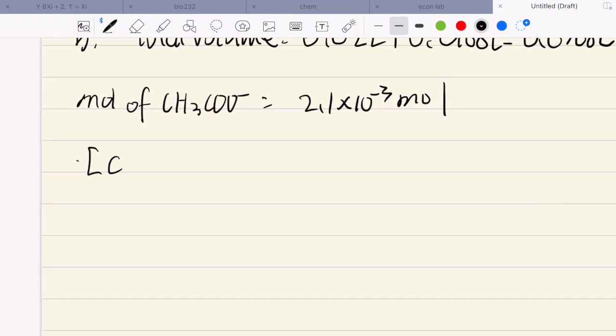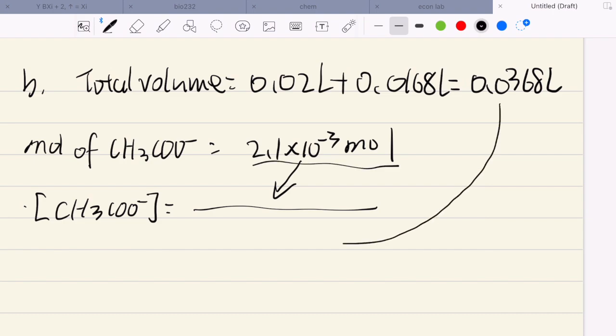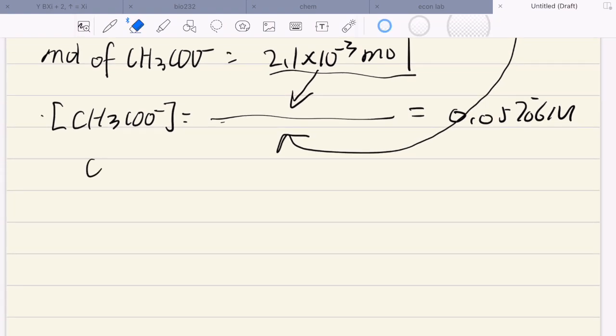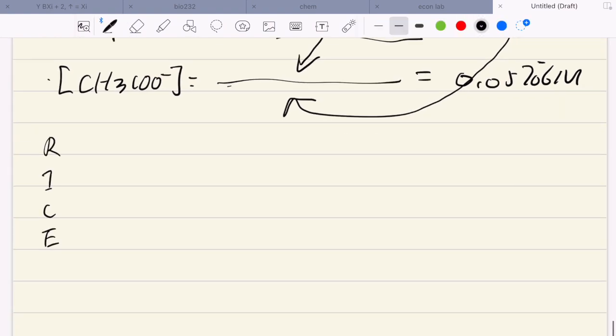And we can get the concentration of the conjugate base by plugging in those numbers. And because only the conjugate base is left, we can use an ICE table to calculate our OH, because the conjugate base can be hydrolyzed.